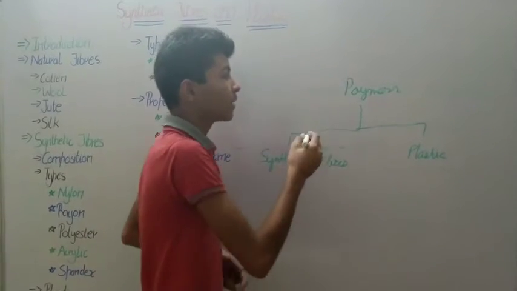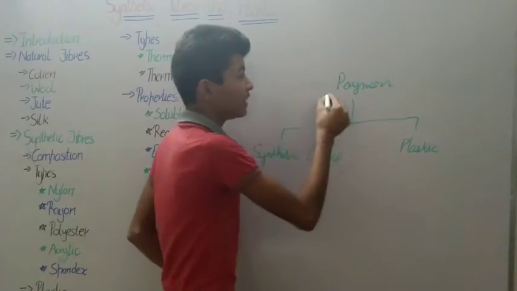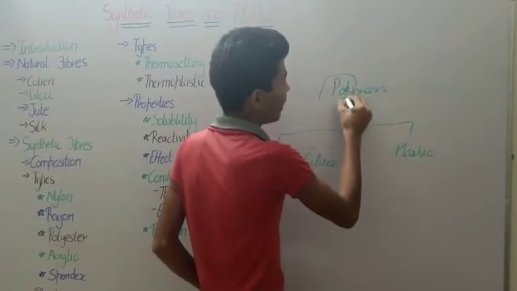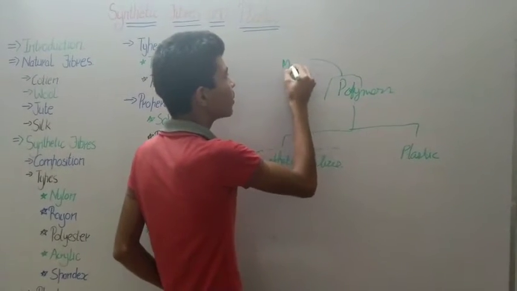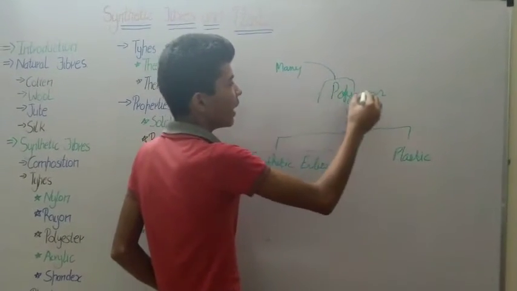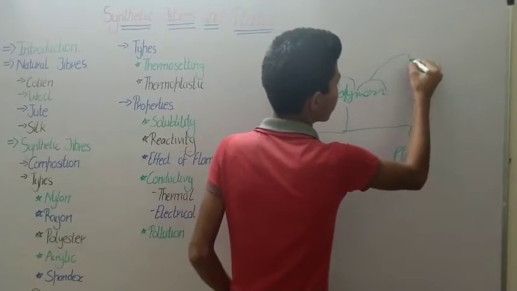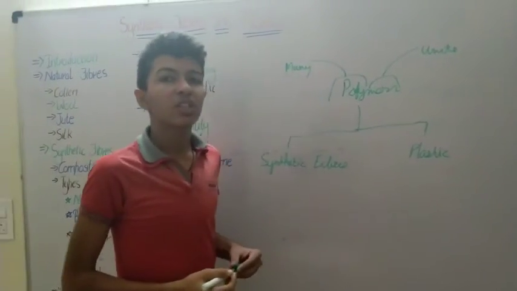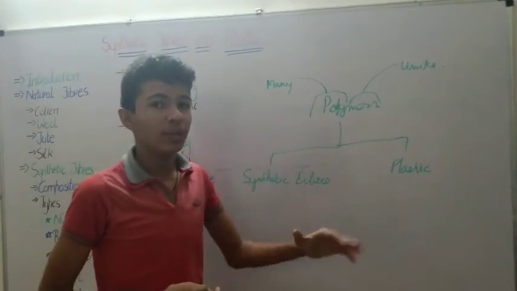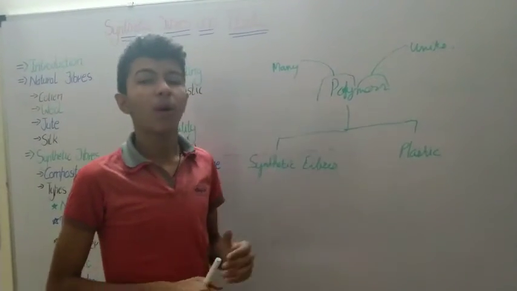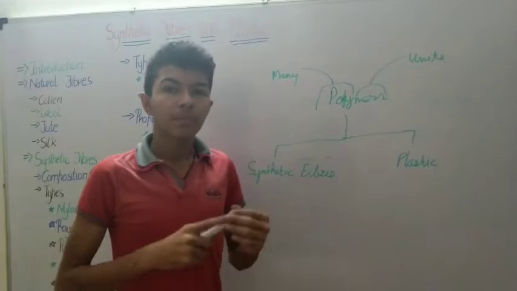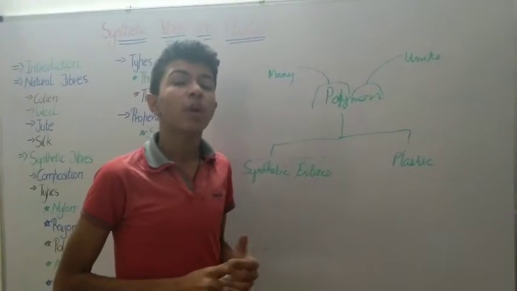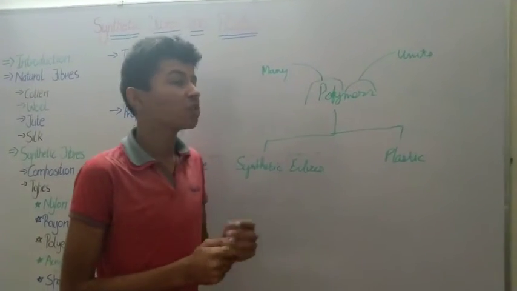Polymer comes from a Greek word, in which poly means many and mer means units. So it is nothing but a substance that contains many units. A polymer is obtained from monomers; a group of monomers forms the polymers.